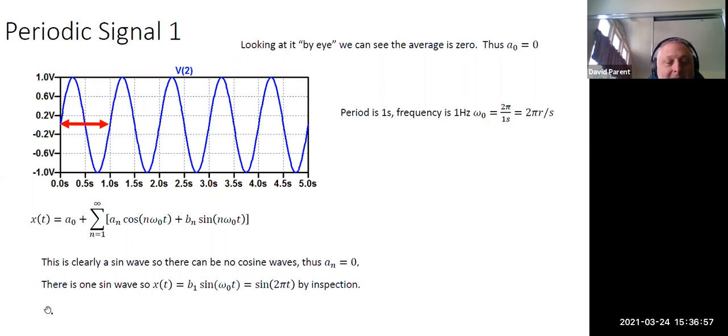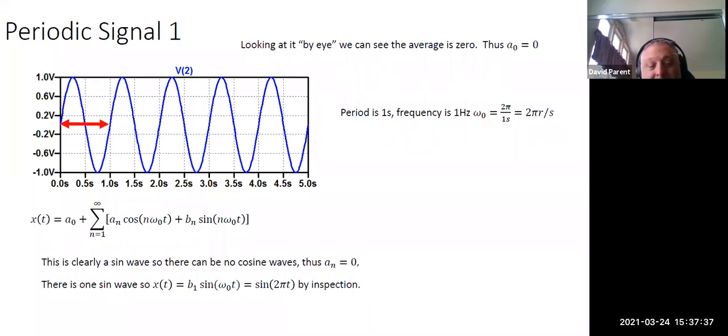Again, just looking at it, because it starts at 0, this is a sine wave, and there looks to be only 1. So there can't be any cosines in there. It's really just one sine wave. B1 happens to be that amplitude, so I put that there. And so it's just sine 2 pi t. So we found the Fourier expansion of a sine wave just by looking at it.